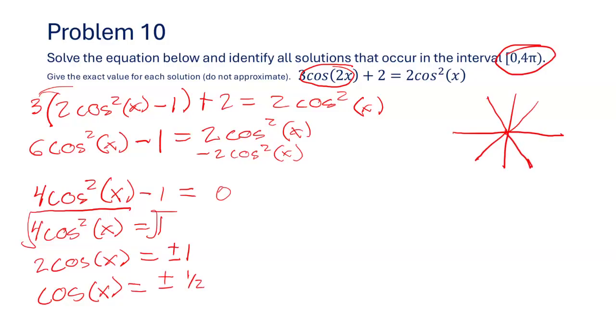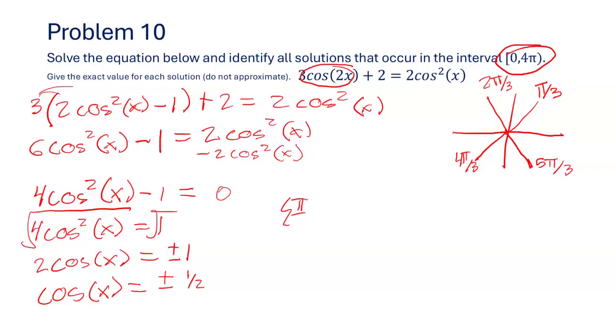And that is at, this one's pi over 3. This one is 2 pi over 3. This one is 4 pi over 3. And this one is 5 pi over 3. So it's all the thirds, really. Okay, and we need to do that around the circle twice.